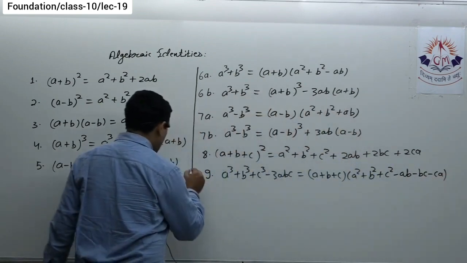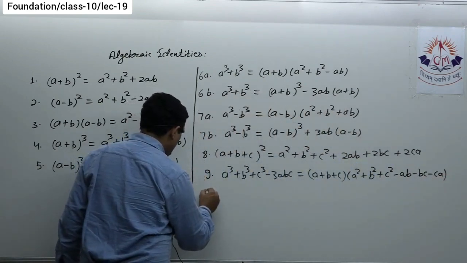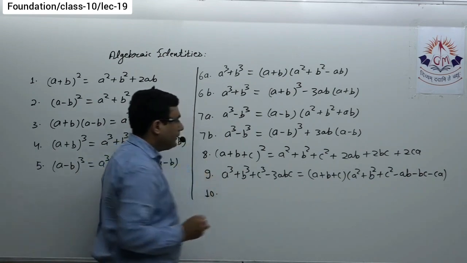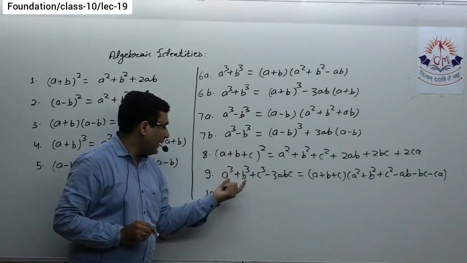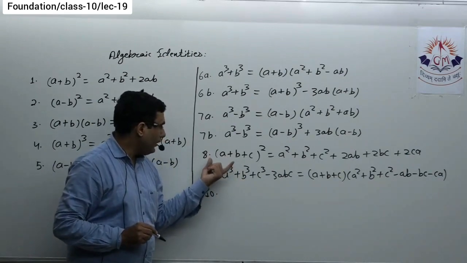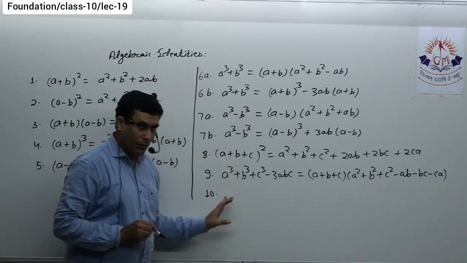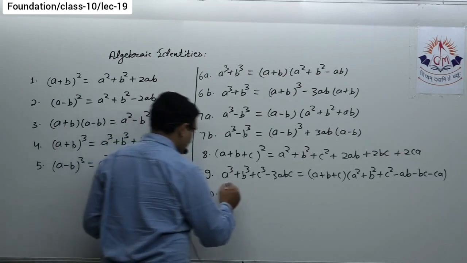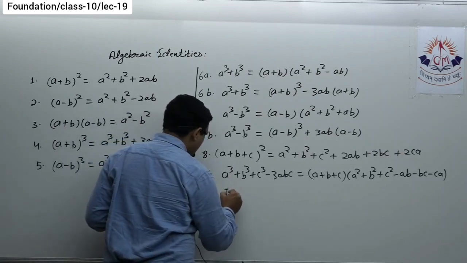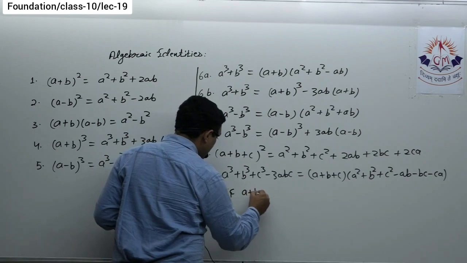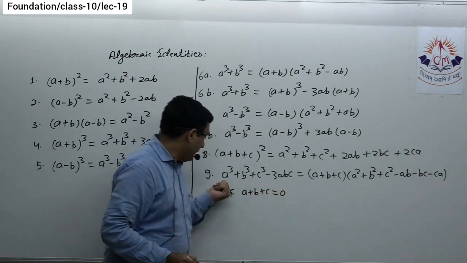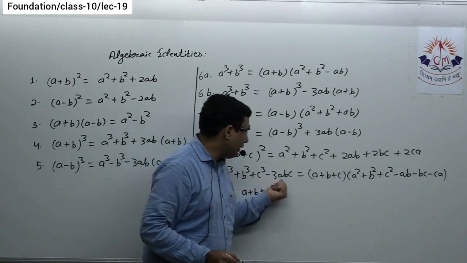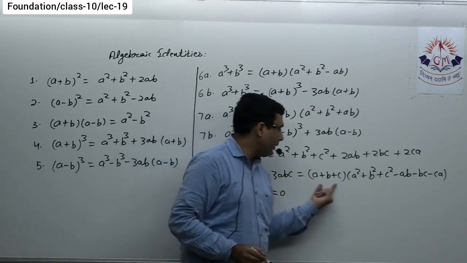And the last identity, that is the 10th, is the conditional identity. We have so many variations in this identity as well, so we'll discuss that after completing all the identities. The 10th identity is: if a plus b plus c is equal to 0, this is known as a conditional identity. In the earlier identity, a cube plus b cube plus c cube minus 3abc is equal to (a plus b plus c) into the bracket.